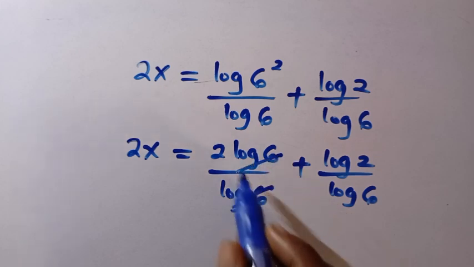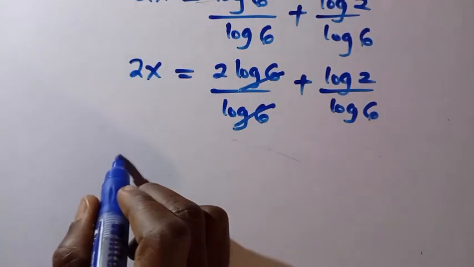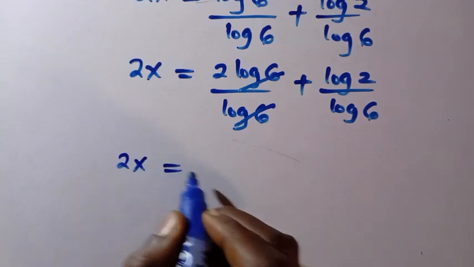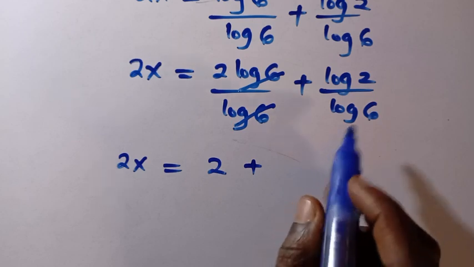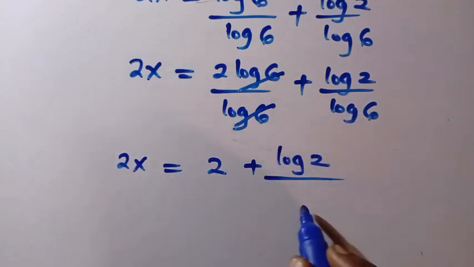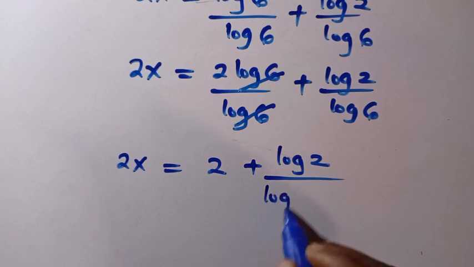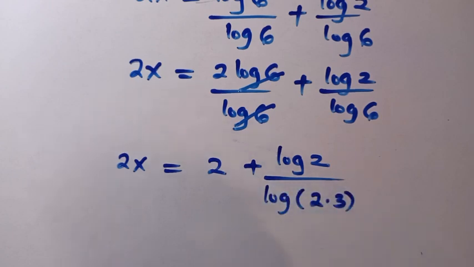So here log 6 cancels log 6. Then we have 2x equals 2 plus log 2 divided by log 6, and we have to write 6 as 2 multiplied by 3.